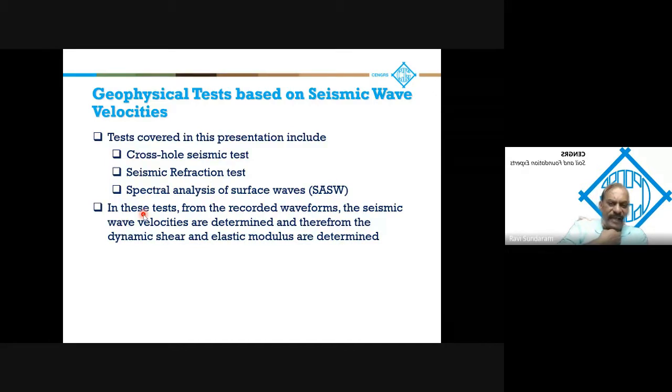There are other tests like MASW, and there is the downhole test and the uphole seismic test, which are all suspension logging. There are various methods. In these tests, the recorded waveforms are used and the wave velocities are determined, and from there on, you can determine your dynamic shear modulus and elastic shear modulus.